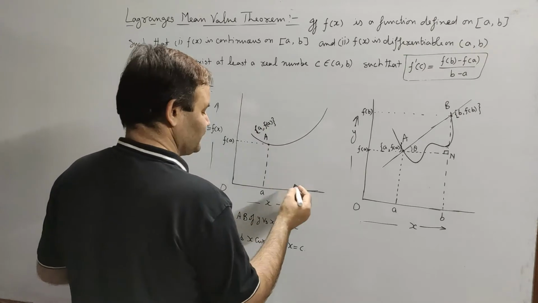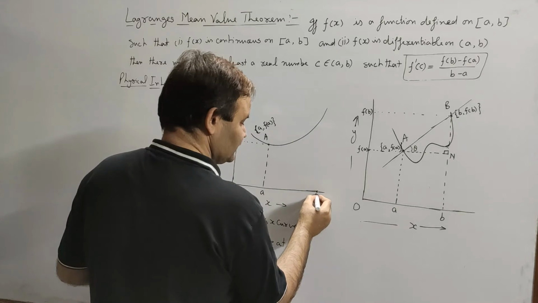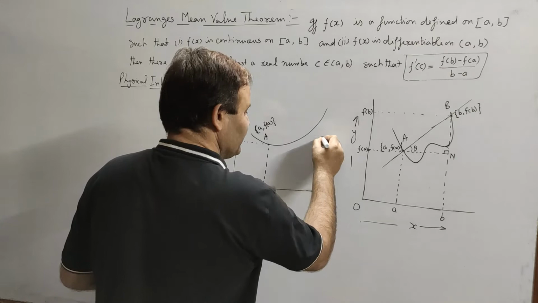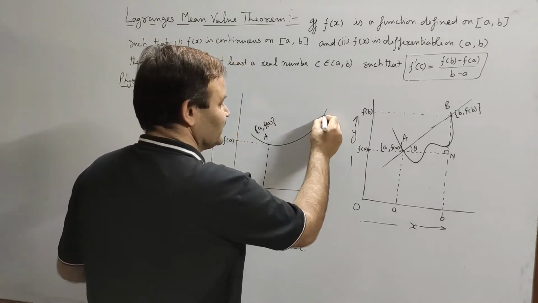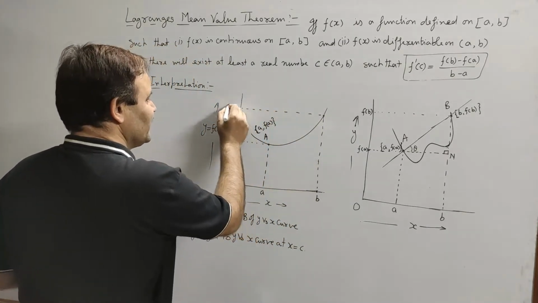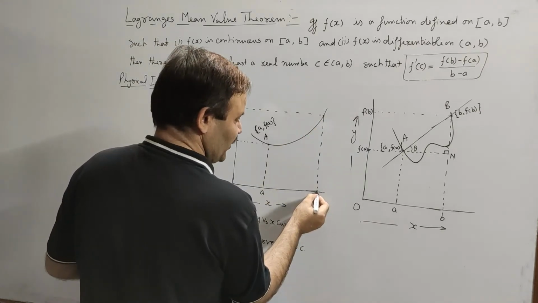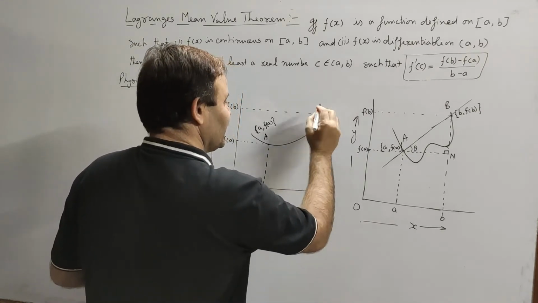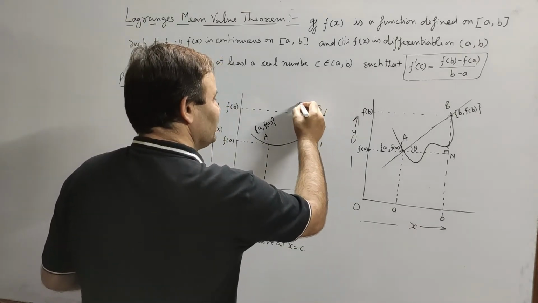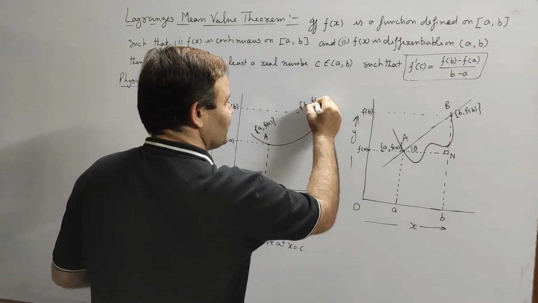In the same way, say somewhere here is a point b, then for point b the value of the function will be f(b), and corresponding to point b, the point on the curve is marked as capital B. The coordinates of capital B will be (b, f(b)).